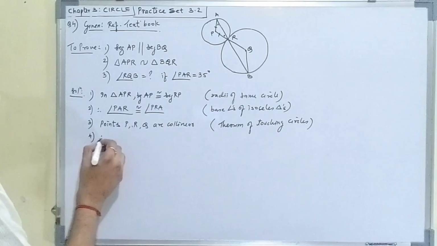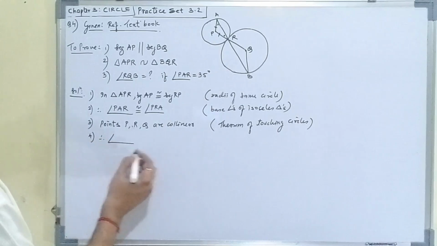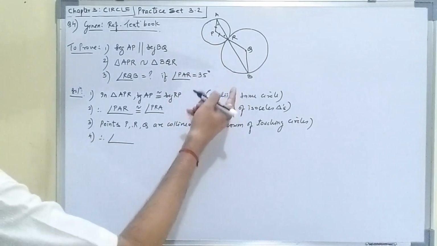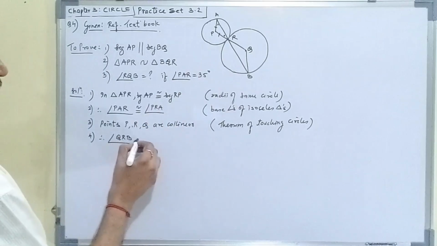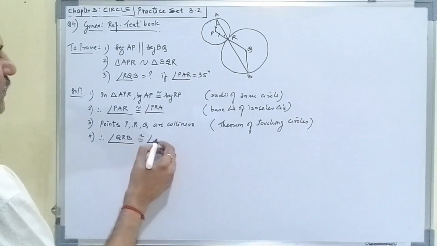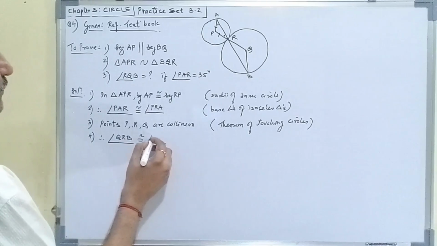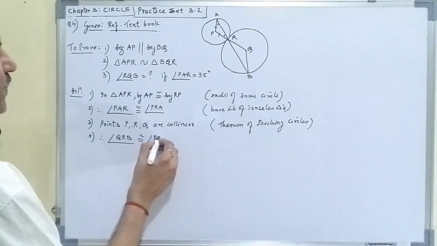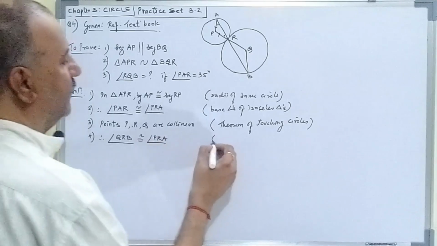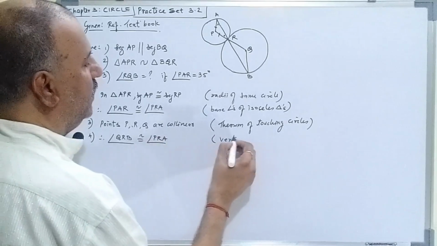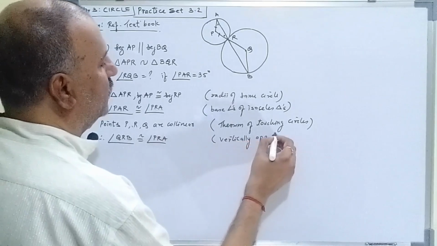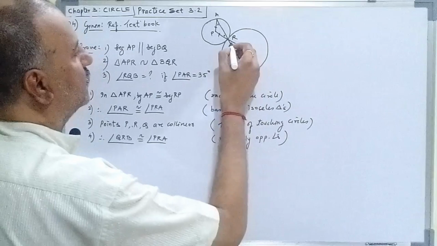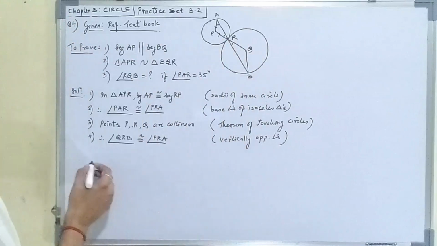Statement number 4. Therefore, angle QRB congruent to angle PRA, these are vertically opposite angles. So these two angles are proved.